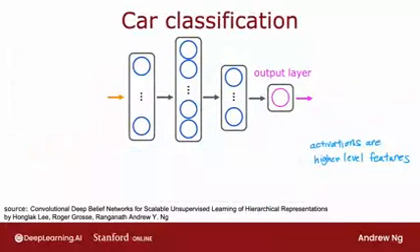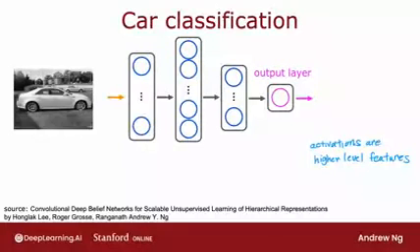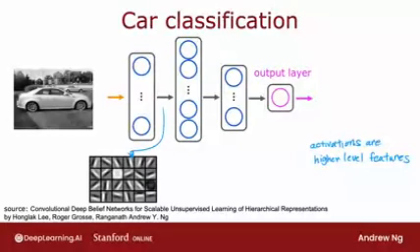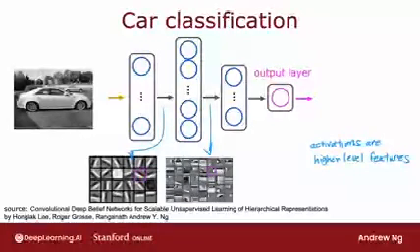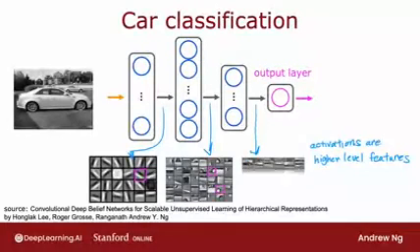Just for fun, let's see what happens if you were to train this neural network on a different data set, say on lots of pictures of cars pictured from the side. The same learning algorithm, if asked to detect cars, will learn edges in the first layer, so pretty similar, but then it will learn to detect parts of cars in the second hidden layer, and then more complete car shapes in the third hidden layer.